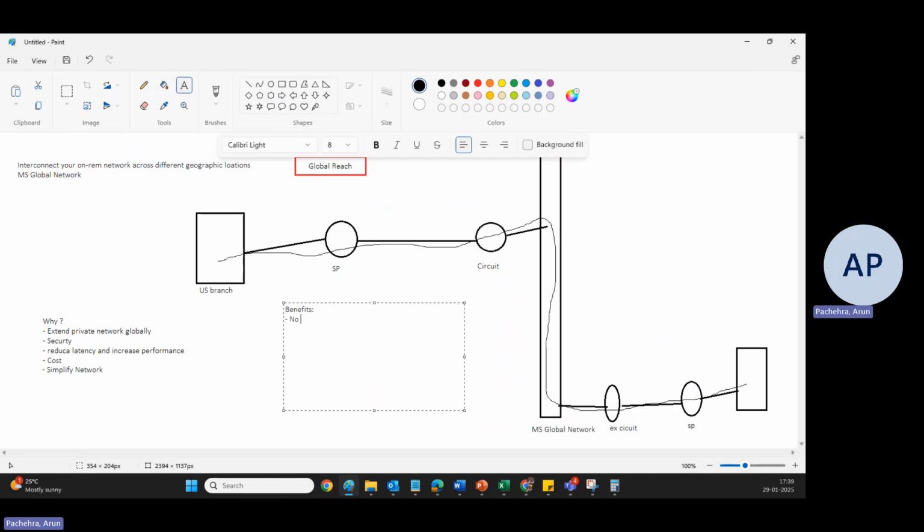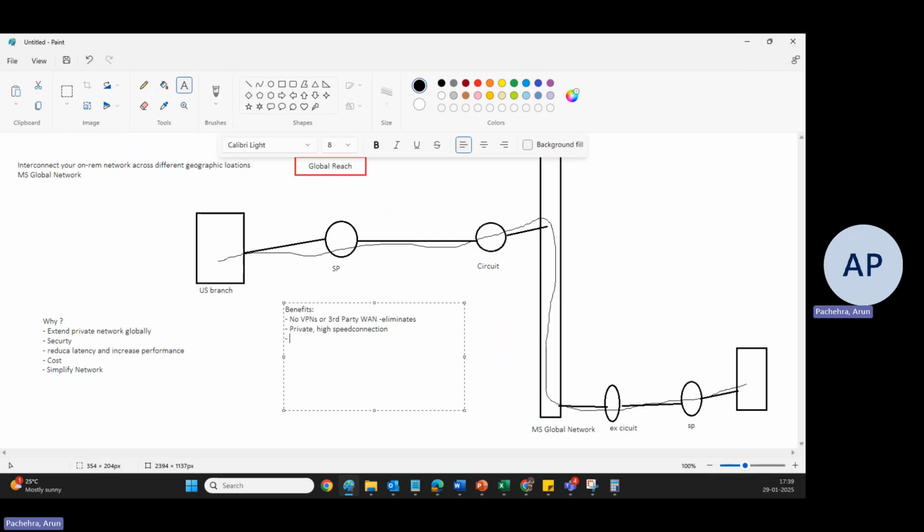So no VPNs or third-party WAN required. This is one of the benefits.